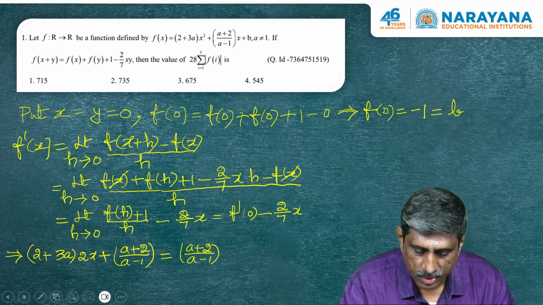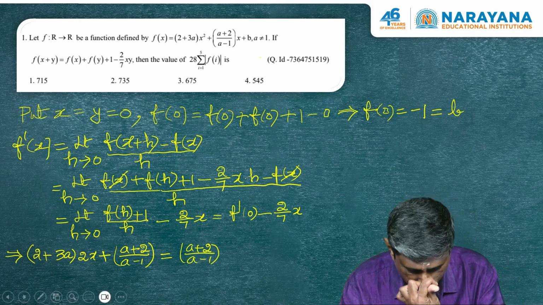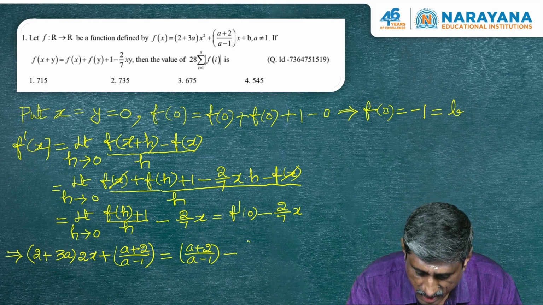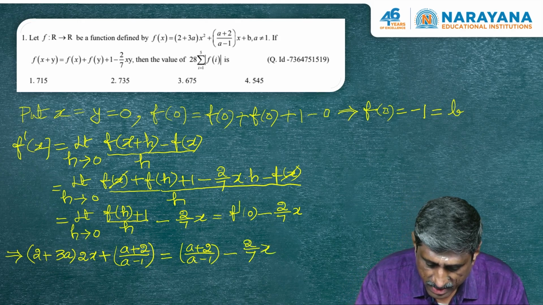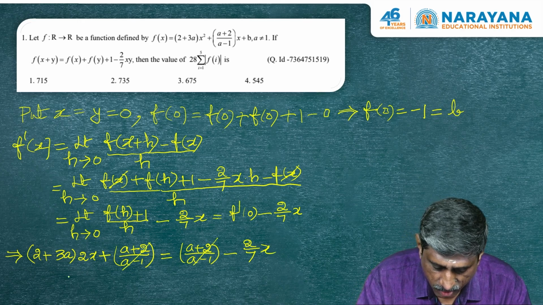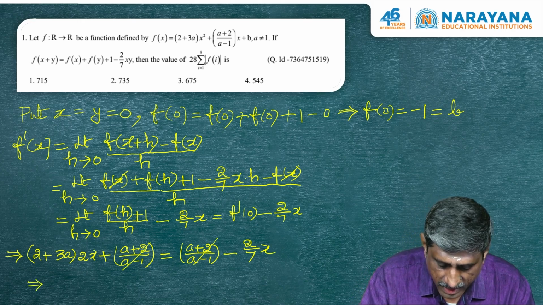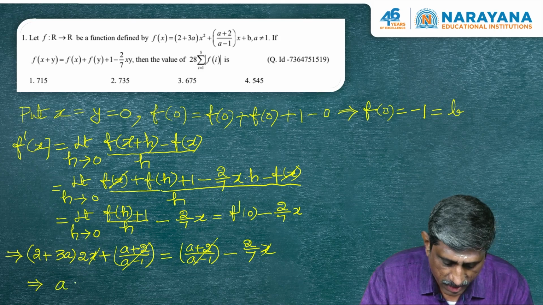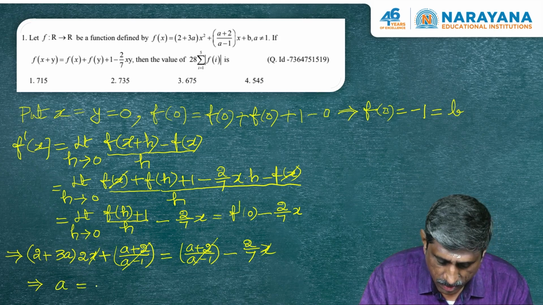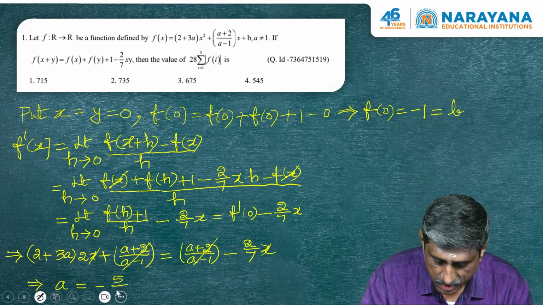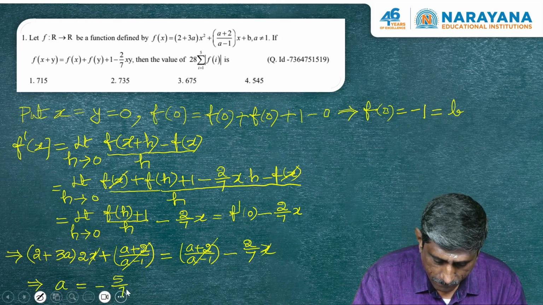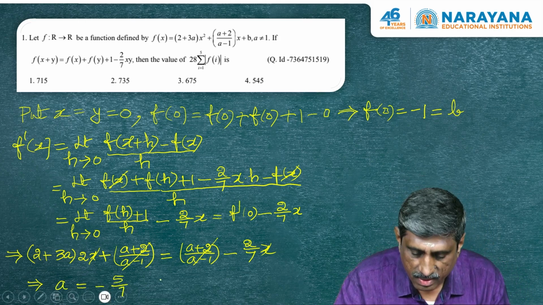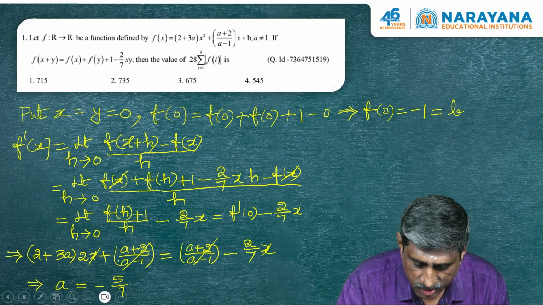Equating with f dash of x directly, when you put x is equal to 0, minus 2 by 7 into x, we are getting, when you cancel a plus 2 by a minus 1 and the x also, the value of a is equal to minus 5 by 7 on simplification. So, we got the value of a as well as b.